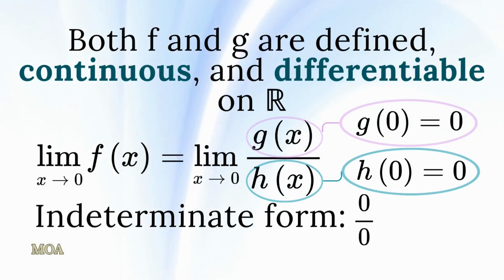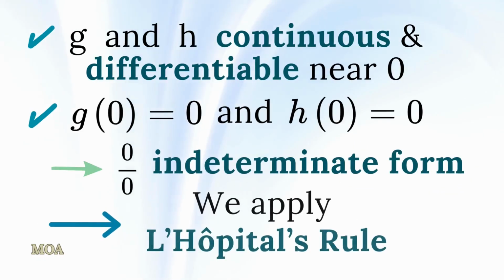Both g and h are continuous and differentiable on the real numbers, and g(0) equals h(0) equals 0, which gives an indeterminate form of type 0 over 0. Furthermore, before we apply L'Hopital's rule, we must check its conditions. The first-order derivative of h is not 0 near x equals 0, except at 0 itself, so the rule applies.